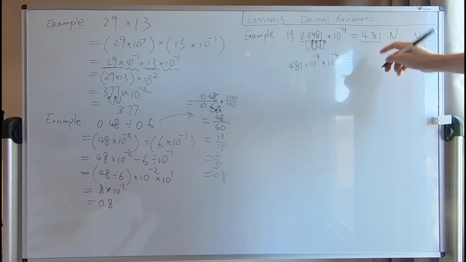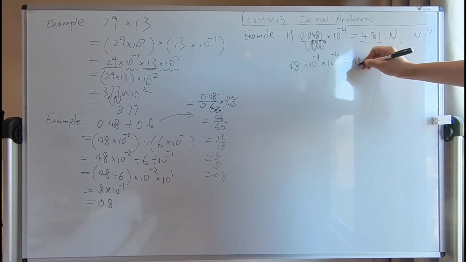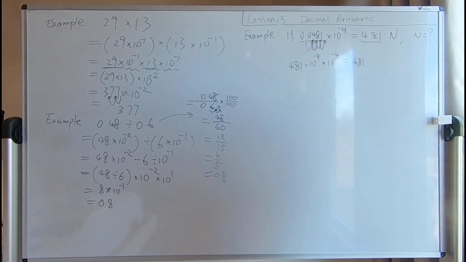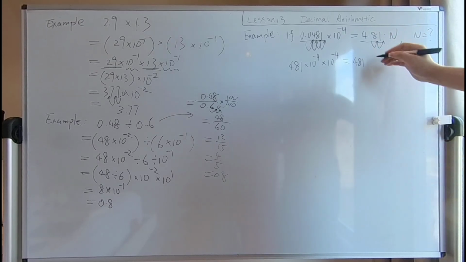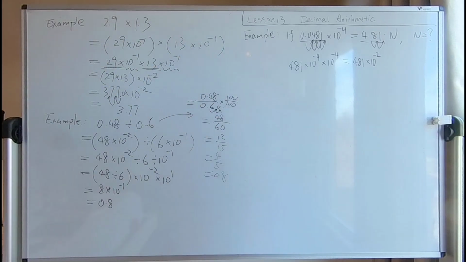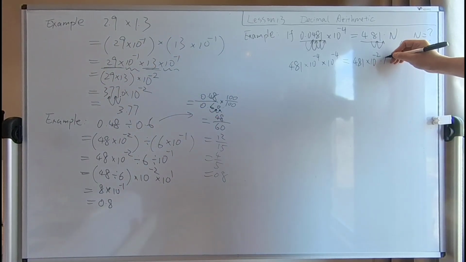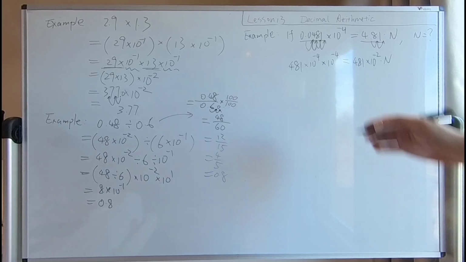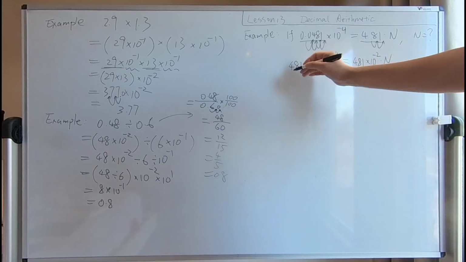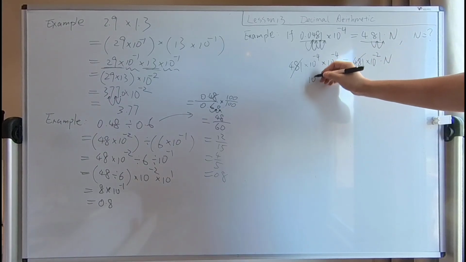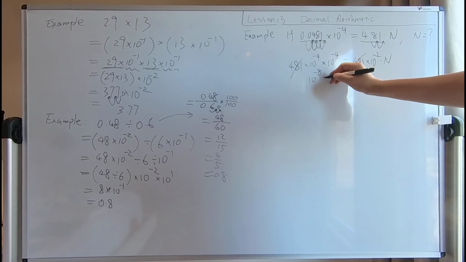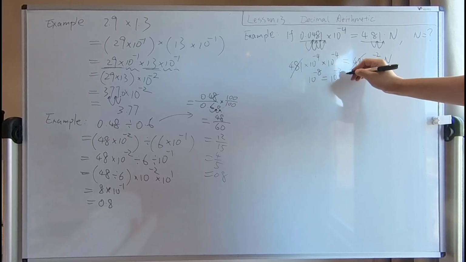Then similarly on this side, if I want to write this as the integer 481, I need to move my decimal 1, 2 steps. And this means I need to multiply by 10 to the power of negative 2 times n. So then I can just directly cancel out the same number 481 from both sides, and the rest is 10 to the minus 8 equal to 10 to the minus 2 times n.